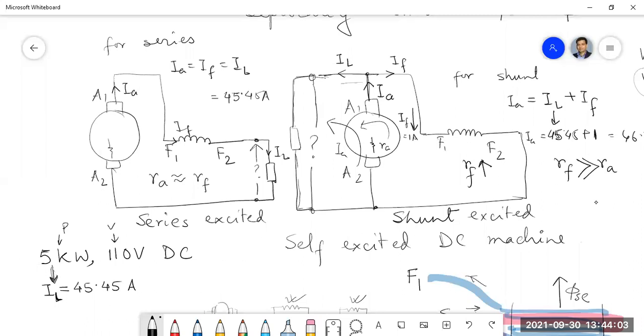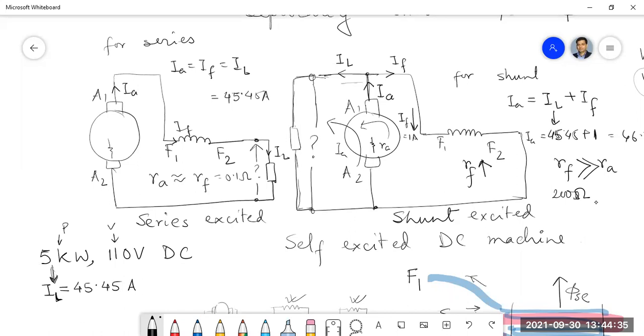For example, in the order of 200 ohm or 300 ohm for shunt, while here the resistance is only maybe some 0.1 ohm. Typical values: series field resistance is 0.1 ohm, armature resistance is also 0.1 ohm, and the shunt field resistance is 200 ohm. Okay, so these are the typical values.